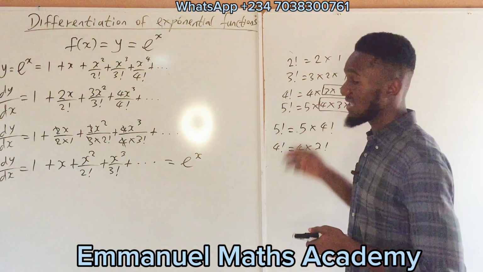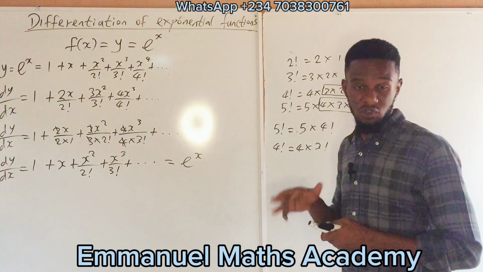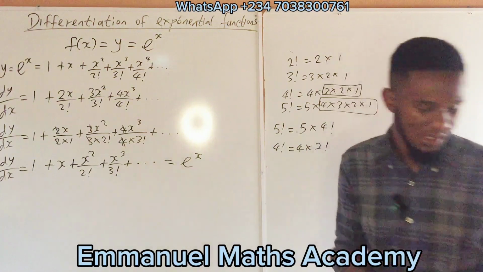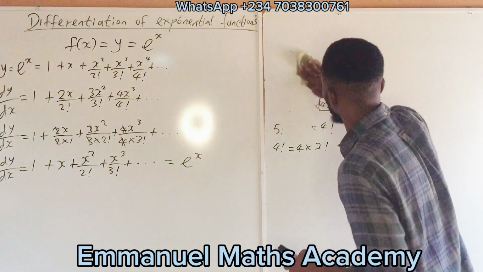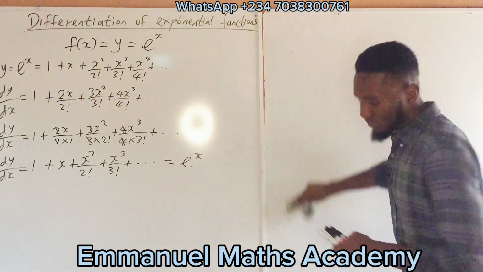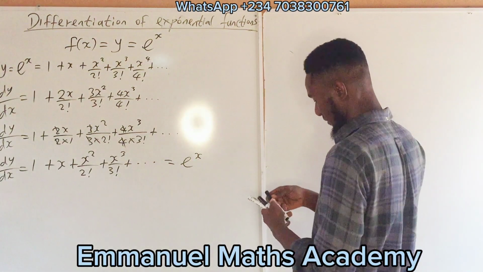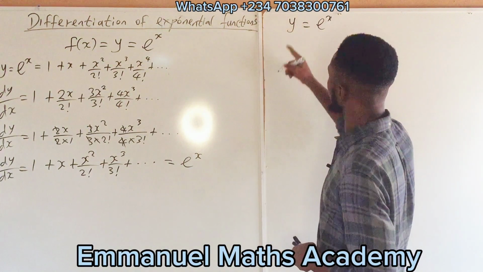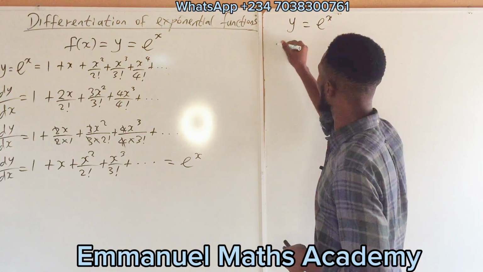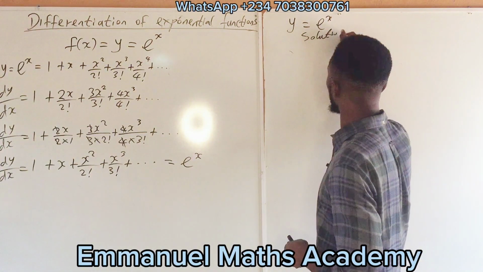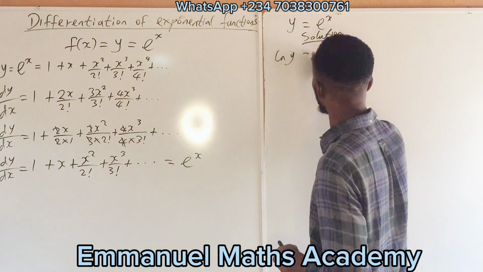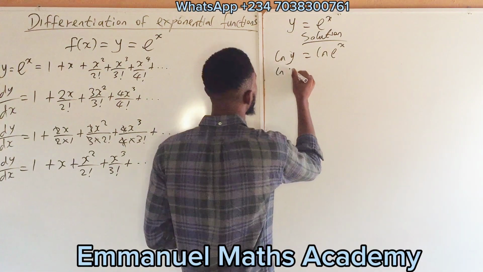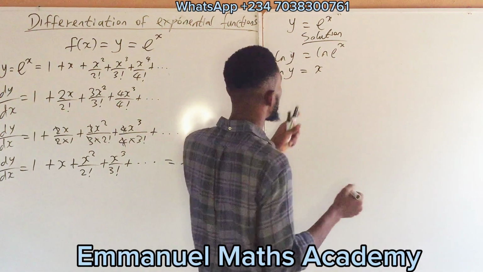When you differentiate exponential x, you get exponential x, right? You can also use direct differentiation, making use of the implicit differentiation method, right? Look at what I mean. If you are given y equal to exponential x, to differentiate this, if you take the ln of both sides, you have ln y equal to ln exponential x, right? You now have ln y equal to x, because ln will cancel exponential.